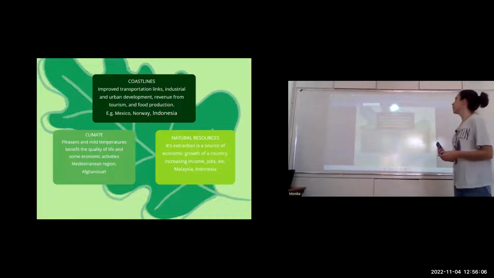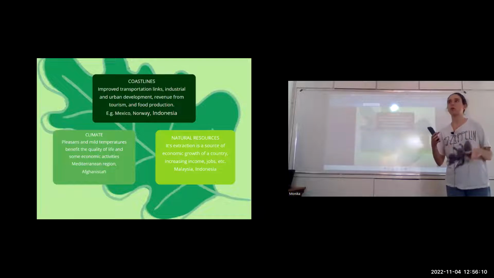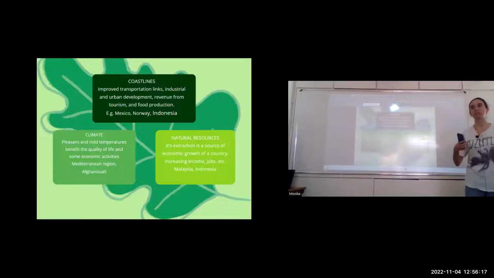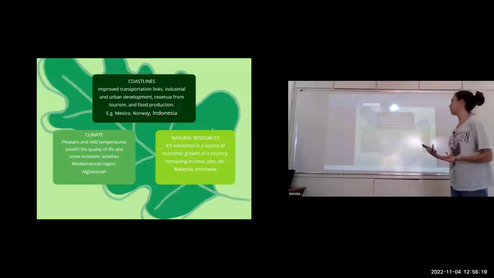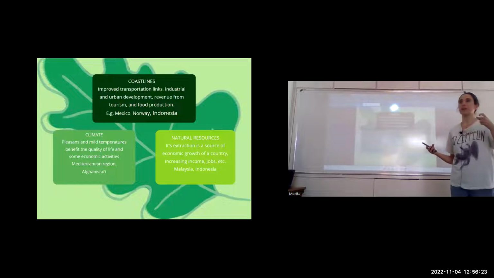influence the social needs. For example, Mexico, with the Gulf of Mexico, which has plenty of oil and gas resources, this can mean a very important economic growth for the country, since it facilitates export and import. But coastlines can also have a bad influence on a country, like, for example, Indonesia.